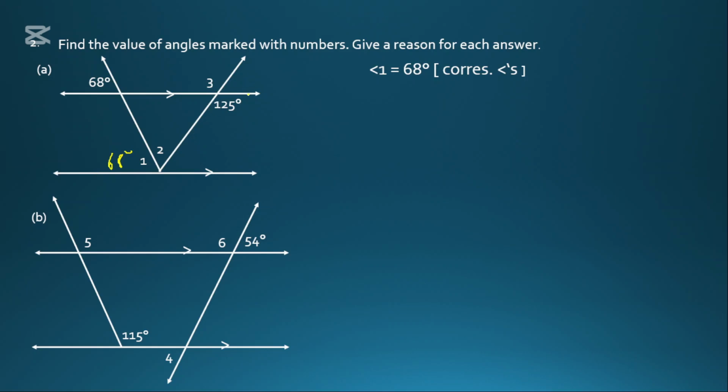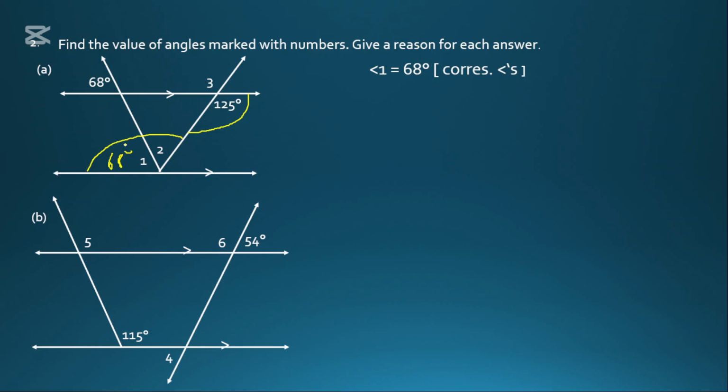125 from this parallel line to that line there. This is our transversal. So the alternate 125 is alternate to this angle here.